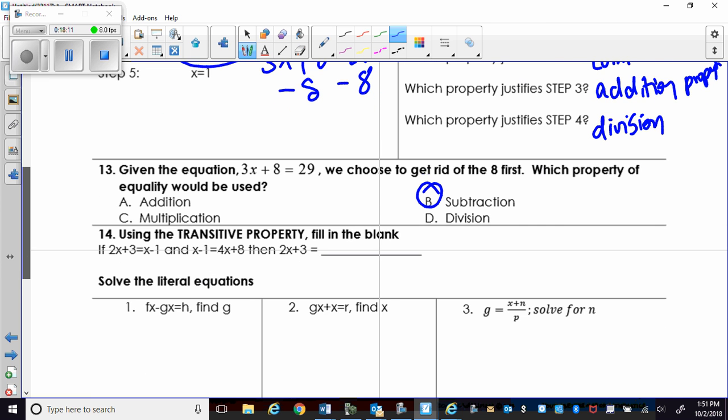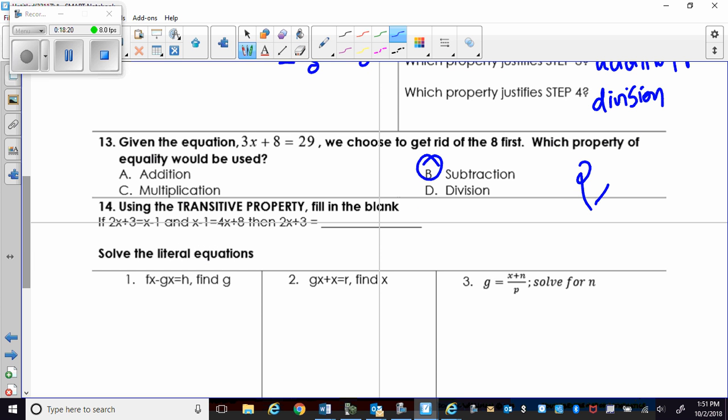Last, 14. Transitive property. It says fill in the blank. I told you before, when you're doing the transitive property, you need to write this out. The first statement. It says if 2x, write it out. If 2x plus 3 equals x plus 1, and x plus 1 equals 2x plus 3.